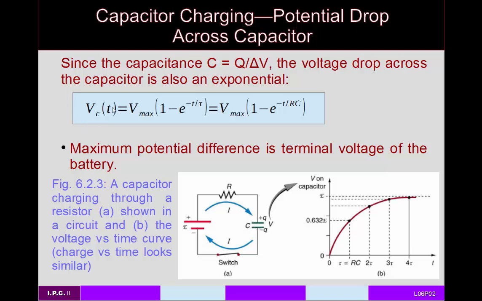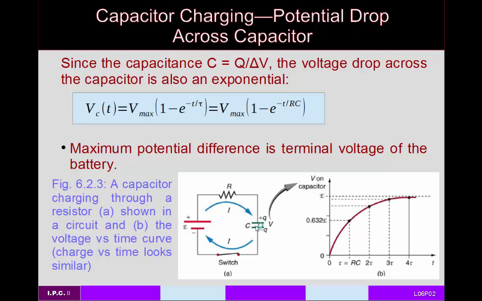What this means is that the voltage drop across the capacitor is whatever the maximum possible voltage drop is for the configuration times 1 minus e to the negative t over tau. So tau still retains the same definition as before, still RC. V max now is the maximum voltage that this thing is going to have across it.